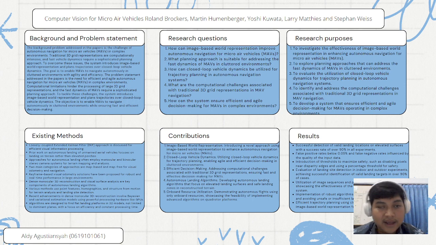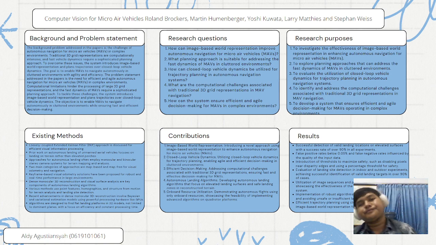To tackle these challenges, the system introduced image-based world representation and plans trajectories over closed-loop vehicle dynamics. The objective is to enable MAVs to navigate autonomously in cluttered environments while ensuring fast and efficient decision making. So this one is about cars.